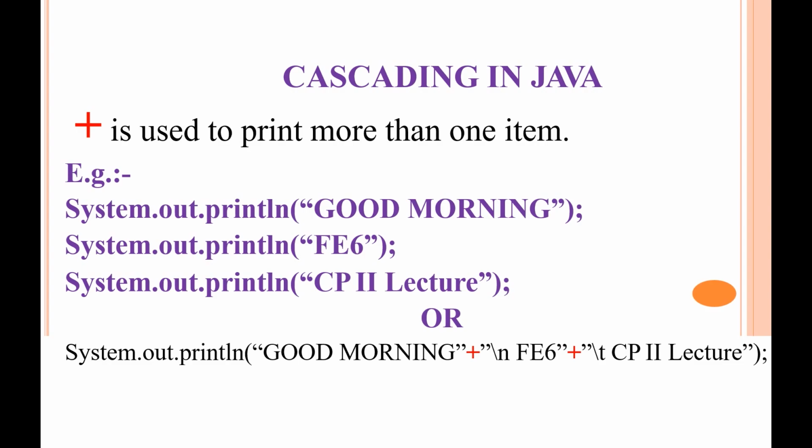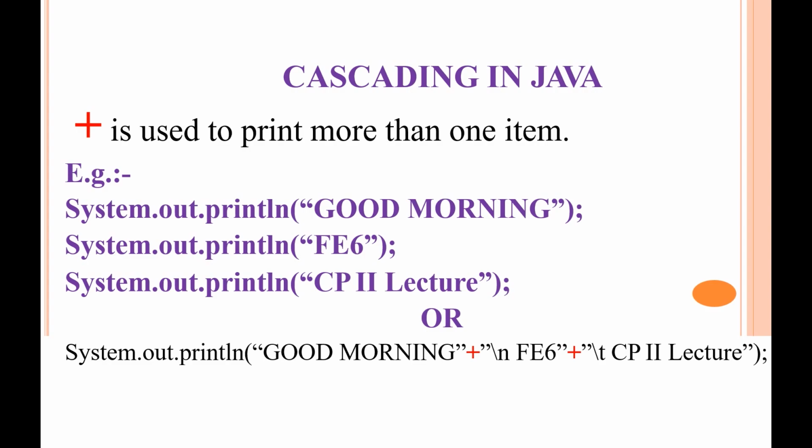So, \n for new line, FE6, plus to concatenate strings, then \t. Here I am also using \t, which gives some space, a tab-type space. So, we are using \t, then CP2 lecture.